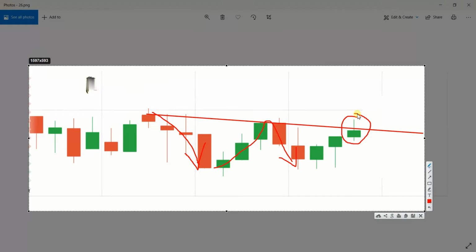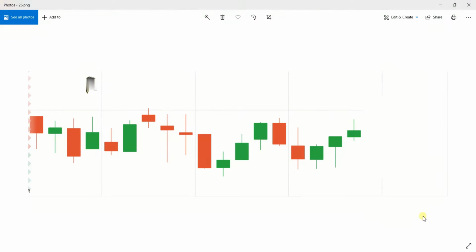The rejection means that the sellers are interested and they may enter the market. So we can go with the sellers from this level confidently, because it is at the SNR level, and we already know there are strong sellers at this level.